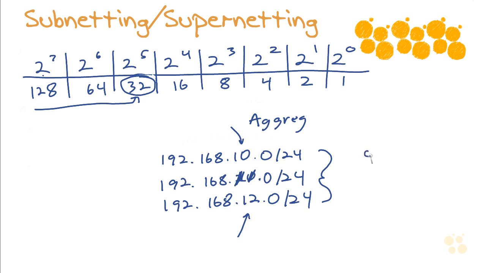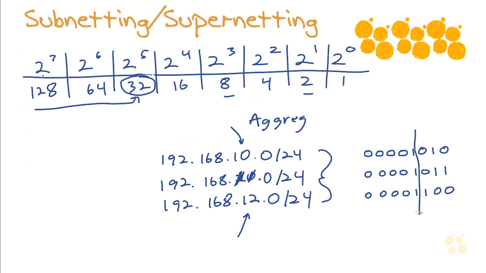In that octet, it would be 0, 0, 0, 0, 1, 0, 1, 0 to give us 10, again using our handy chart. 11 would be 0, 0, 0, 0, 1, 0, 1, 1, and 12 would be 0, 0, 0, 0, 1, 1, 0, 0. Are there bits in common? Yes, there are. They're right there. All those bits are in common.